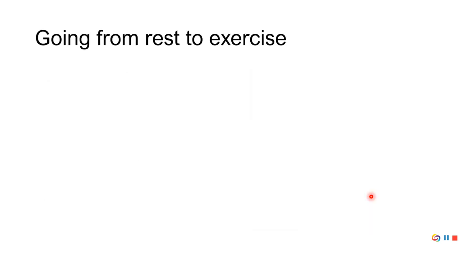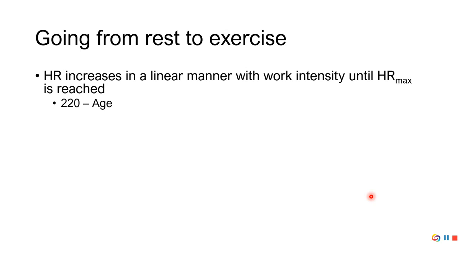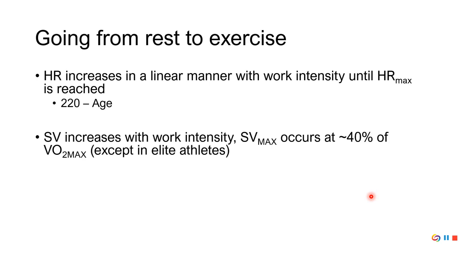So again, going from rest to exercise, heart rate increases with intensity until you reach heart rate max. A typical equation for that, maybe not the best, is 220 minus your age. Stroke volume increases with work intensity. In a typical individual, stroke volume actually taps out or maxes out around 40% of VO2 max, except in elite athletes.